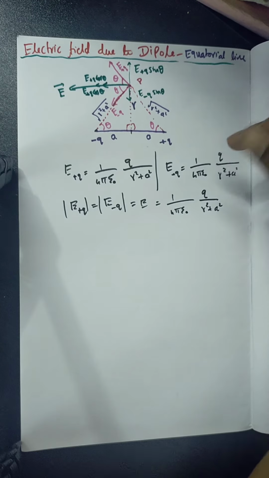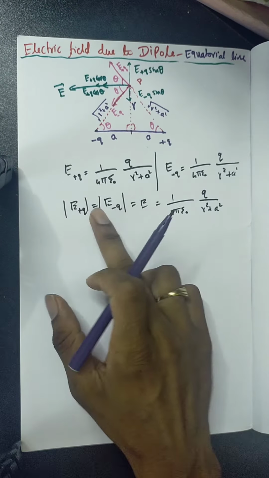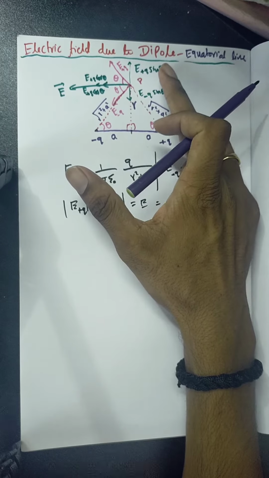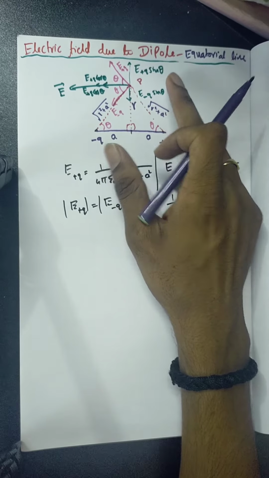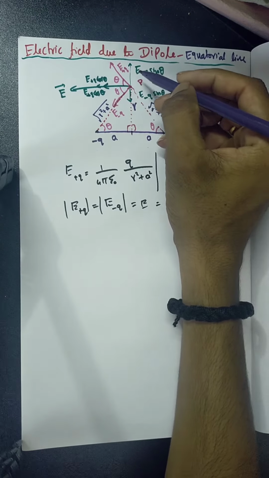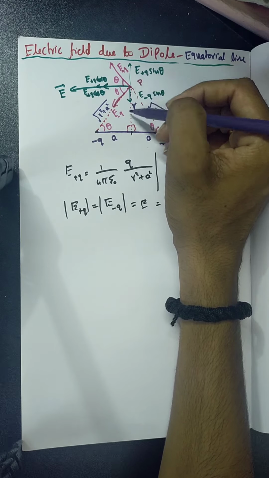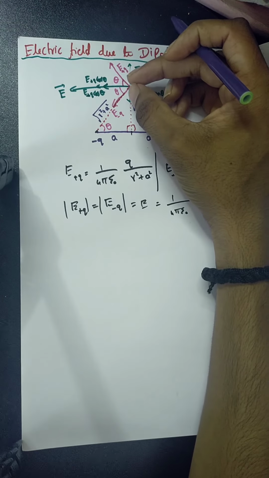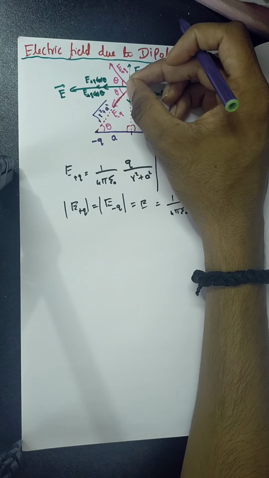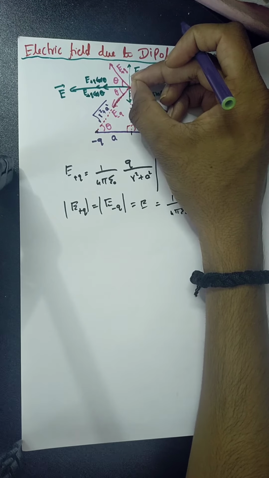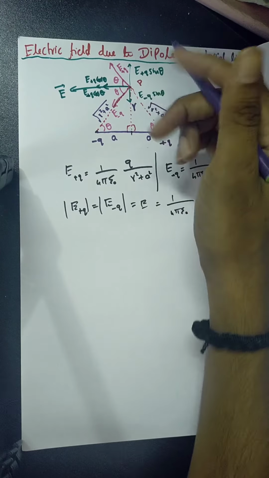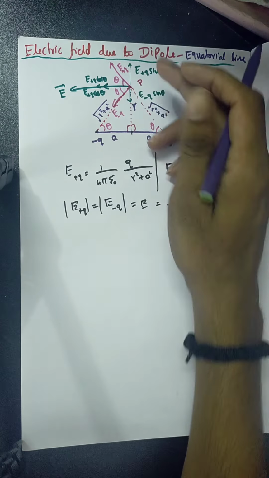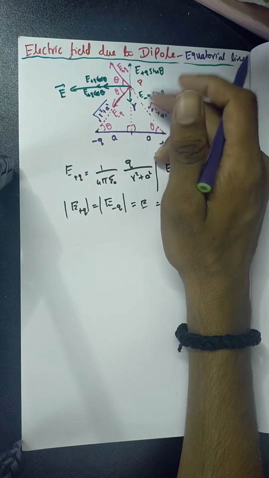Listen to me here. E plus q and E minus q have the same magnitude. This sine theta will give you the same value. But these two vectors are in opposite directions having the same magnitude. That means the net electric field along this line is equal to 0 because these two are equal and opposite vectors.